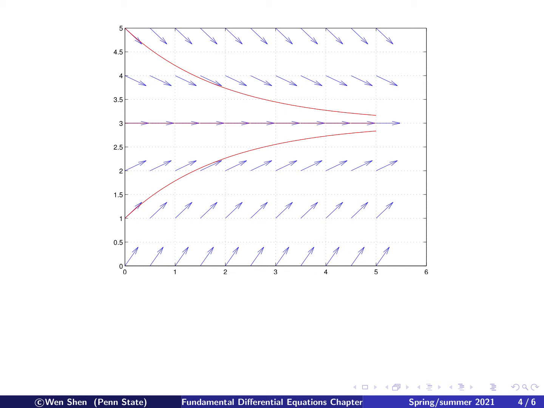Now let's look at the case where the initial value of y is bigger than 3. Take, for example, y0 equals 5. How would the solution behave? We'll follow the directional field. Right here, it will come down with a tangent equal to these directions. As it comes down, we know from the discussion that as this gets closer to 3, the slope gets less and less.